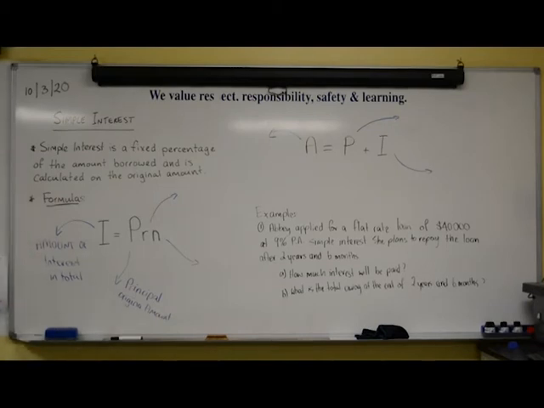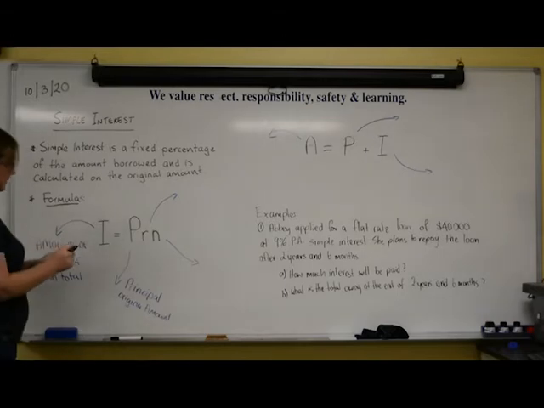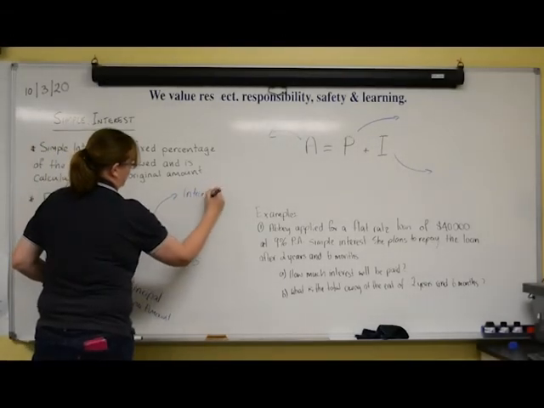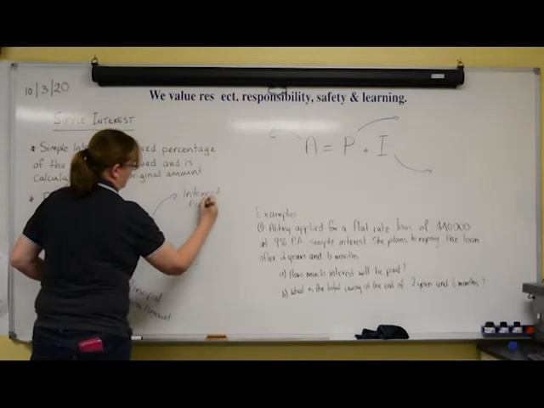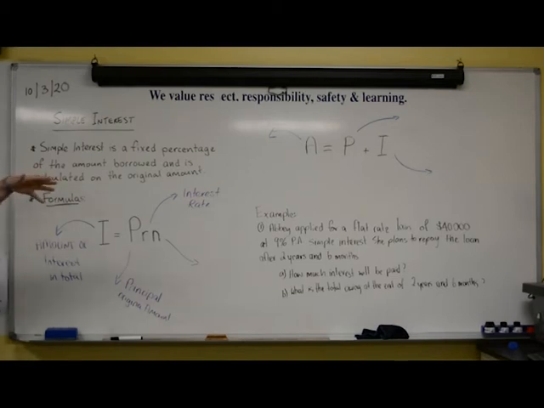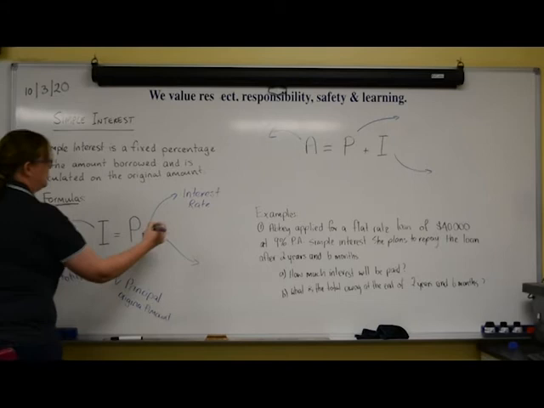The R is the interest rate. R for rate, but it's kind of special in that we want to make sure that it's in decimal form. We want to change this one to a decimal.